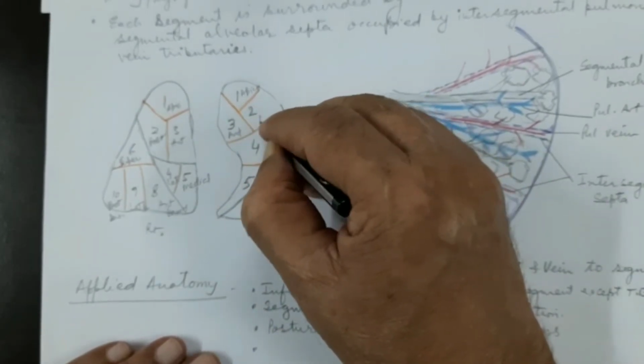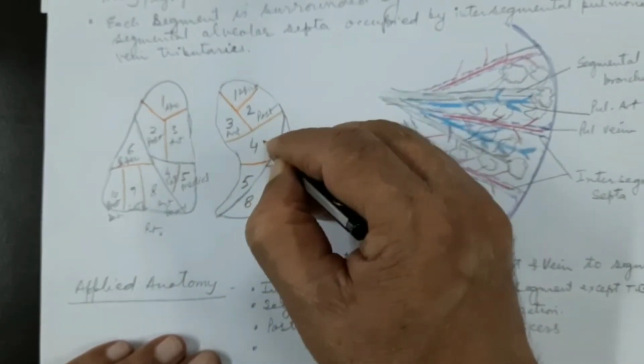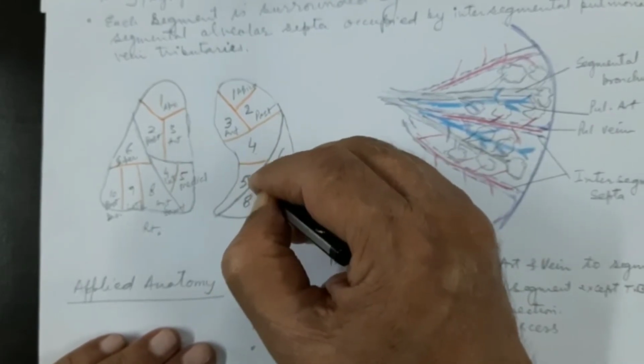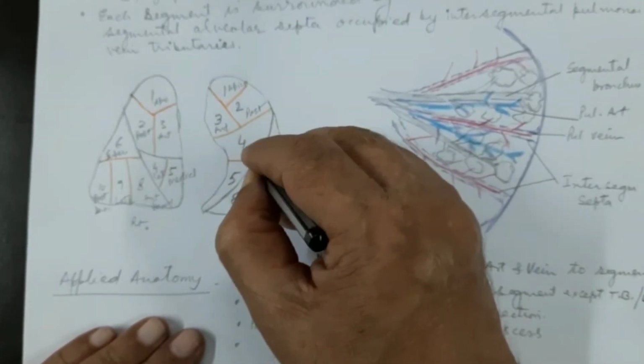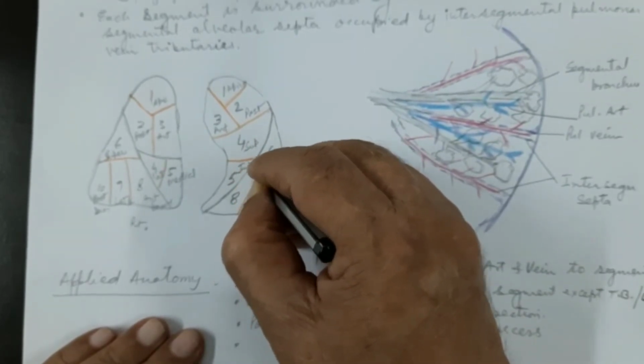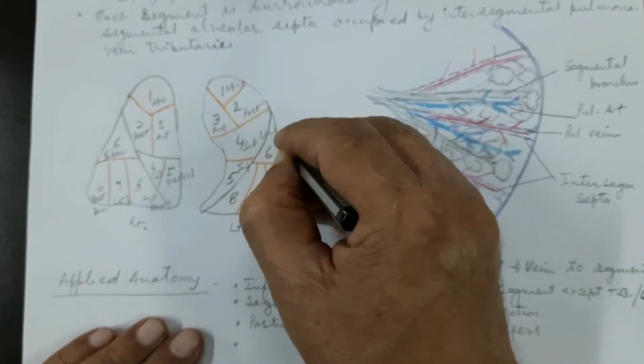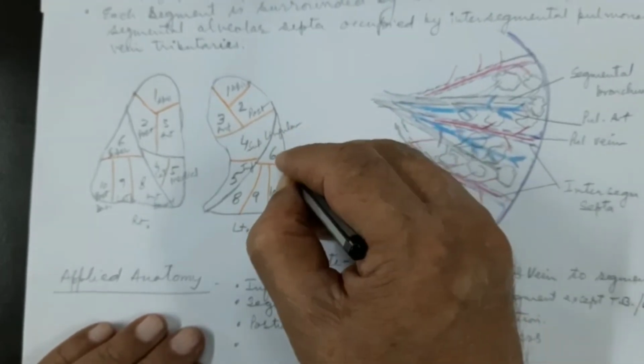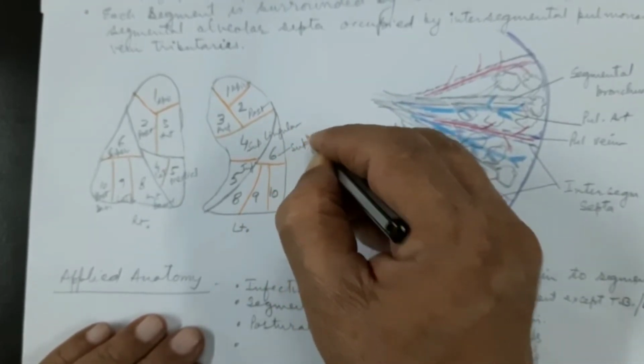In this way you can also see apical in the left lung, then 3rd is the anterior or medial, and second is posterior. Now here 4th and 5th are in the lingular lobe, so this will be called superior lingular, and this 5th will be called inferior lingular. 6th will be the superior basal.